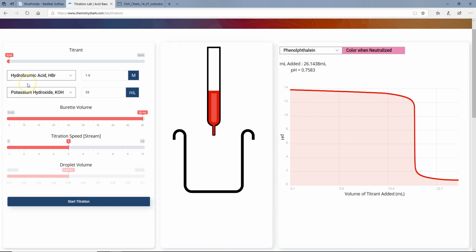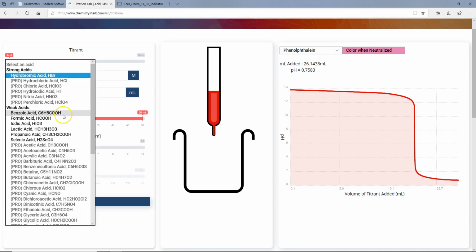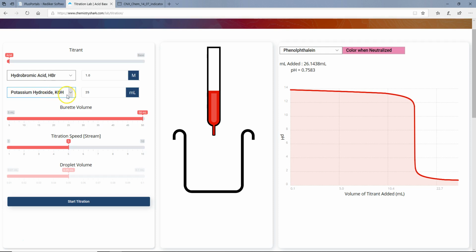So again, what am I looking for tomorrow for you to bring in? I need 4 pieces of paper. They're going to be basically this screenshot here. You should show me 4 different scenarios where you have strong acid, strong base. So yes, this is kind of like screenshot number 1. Then you would have, in this case, a weak acid with a strong base.